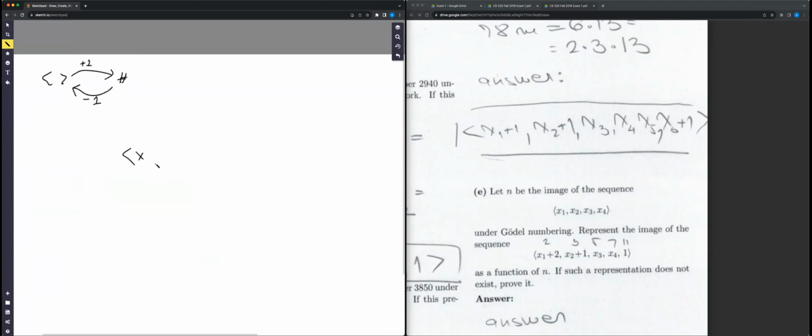So x1 plus 2, x2 plus 1, x3, x4, and then 1. And our goal is to make this look like this. x1, x2, x3, and x4.